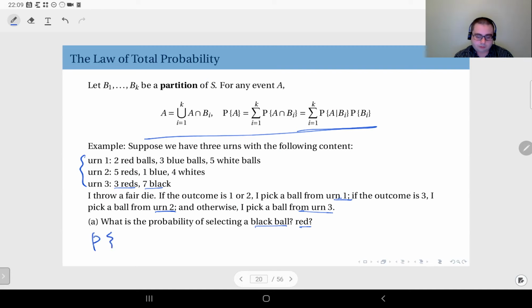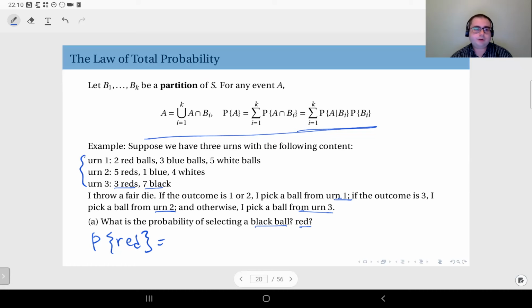So, probability of, let's do red. What is the probability of red? Now, the problem here is I cannot write this directly because I do not know which urn I'm going to use. That's the issue here. So what I'm going to do is condition the outcome red on the outcome of the die, or rather the urn I'm going to use.